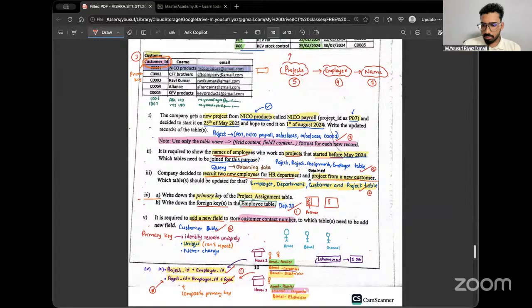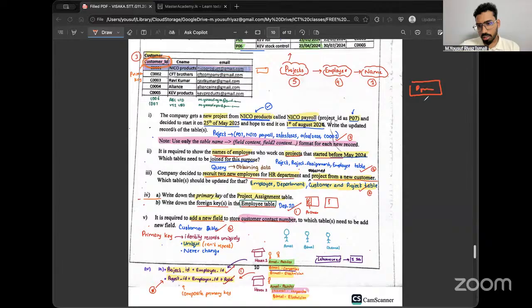What's the difference between a composite primary key and a foreign key? Hannah, do you know the difference between a primary key and a foreign key? Same difference, because a composite primary key is also a primary key.